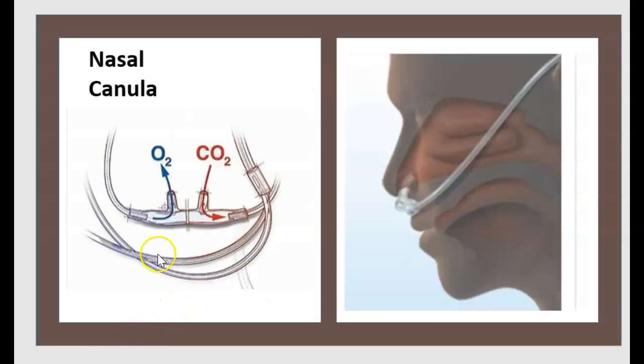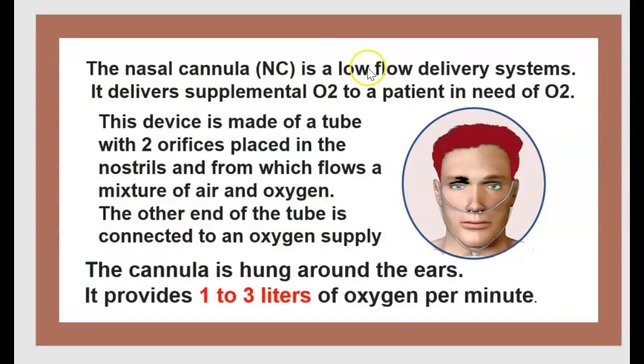Here is a nasal cannula with two openings, one to drive oxygen in and the other to drive CO2 out. Nasal cannula is a low flow delivery system. It delivers supplemental oxygen to a patient in need of oxygen.